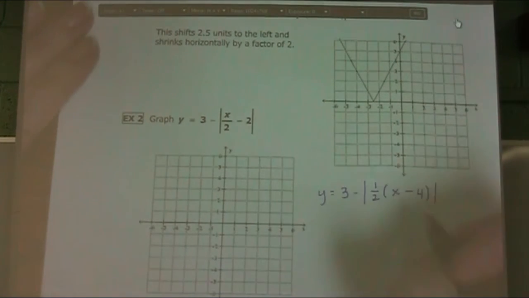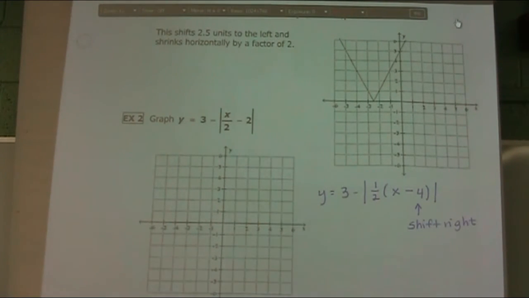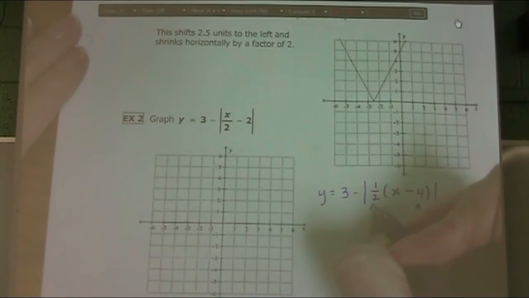Okay, so the minus 4 tells me it's going to shift right. The 1/2 that's in front of here tells me it's going to stretch horizontally. So it's going to become long and fat.